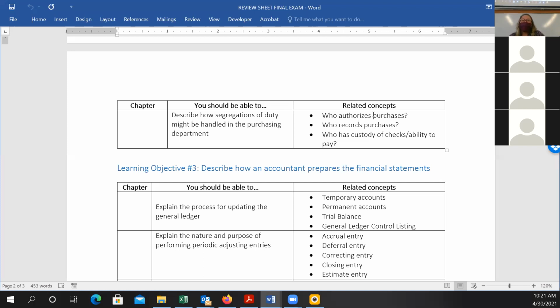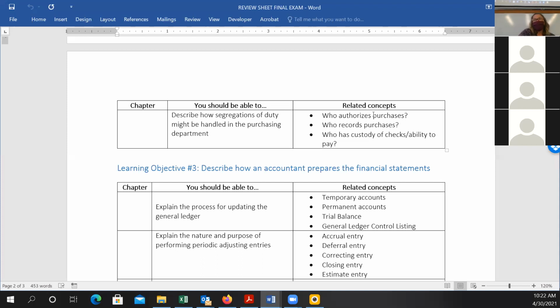Exactly. Who records purchases? Which function of an organization is responsible for recording the purchases? You're close, that was the first word. Accounts. Close, warmer, yep.